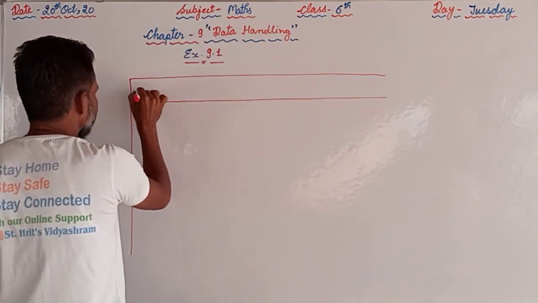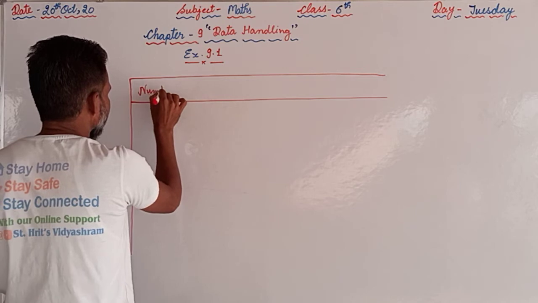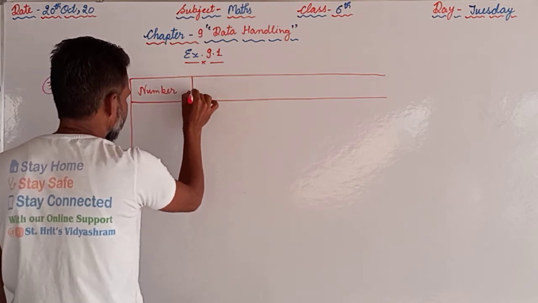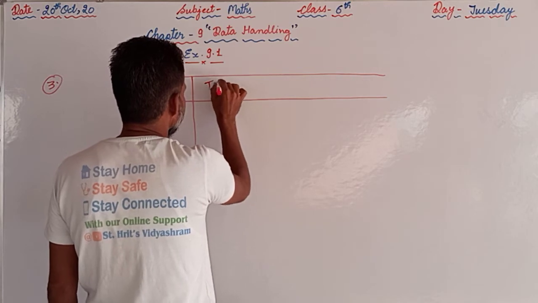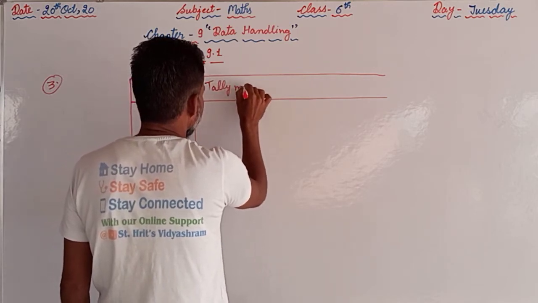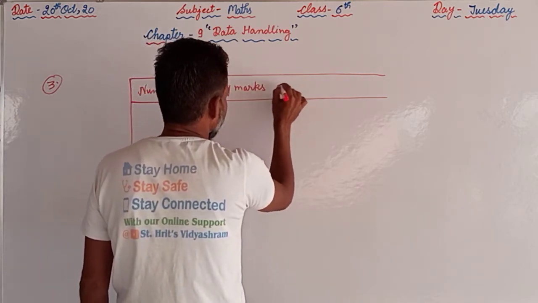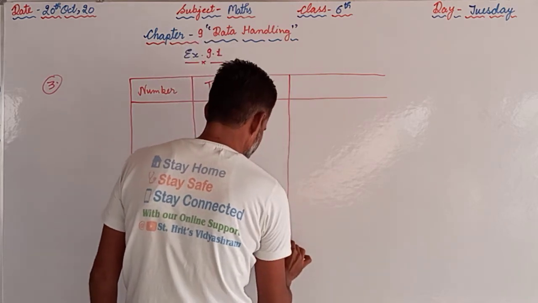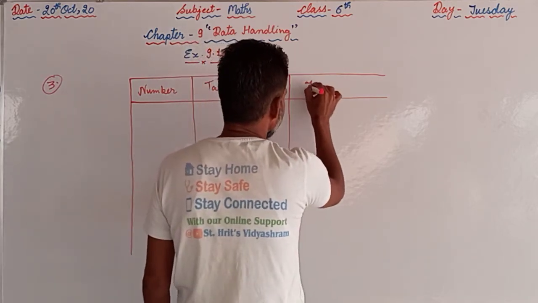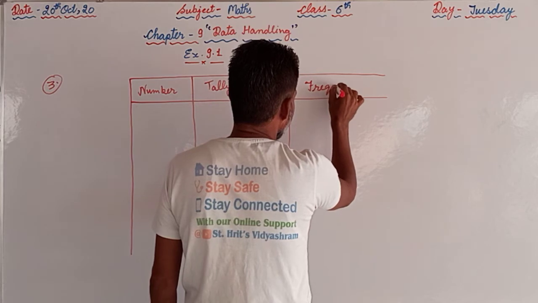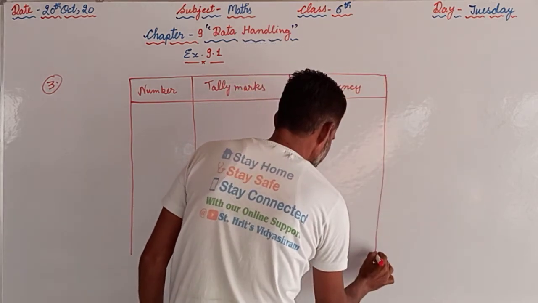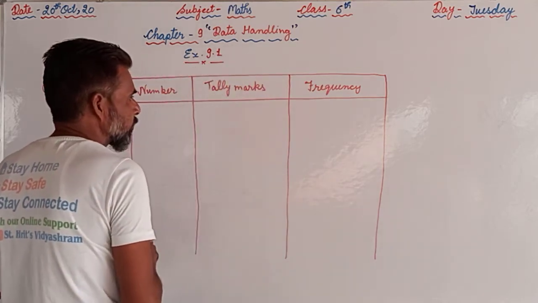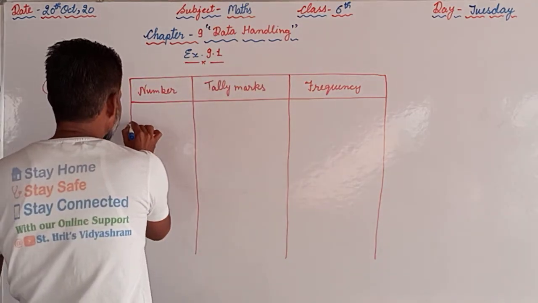First one, the number, second one is the tally marks, and the third one is the frequency. Frequency means the number of times the observation has been repeated.